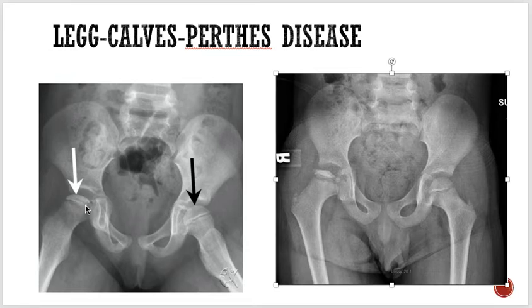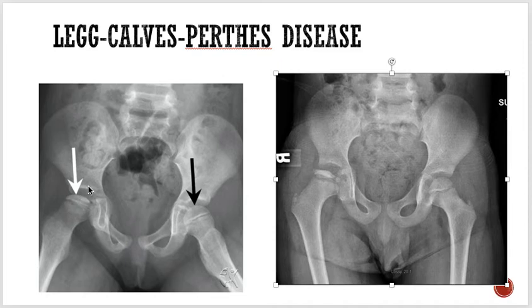Necrosis is there. You can see here how it looks like and how this one looks like, right? It is avascular necrosis of the capital femoral epiphysis of the femoral head due to interruption of the blood supply, followed by revascularization and reossification over 18 to 36 months, or you can say from 1.5 years to 3 years.